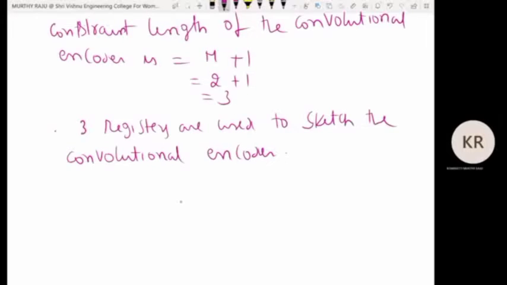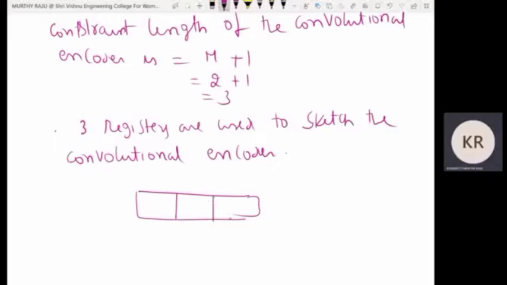These 3 registers are here: 1, 2, 3. This one is M, the current message bit, and M1 and M2.